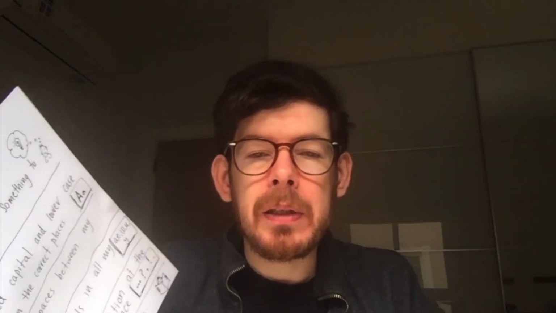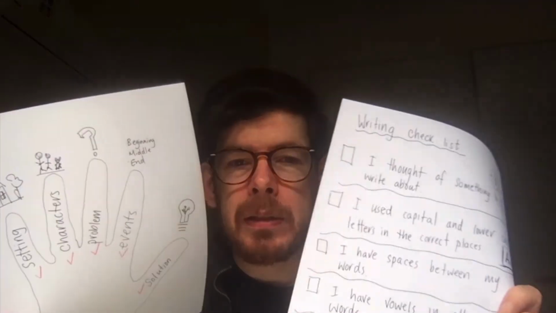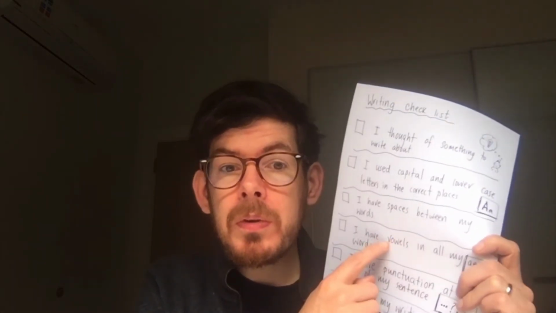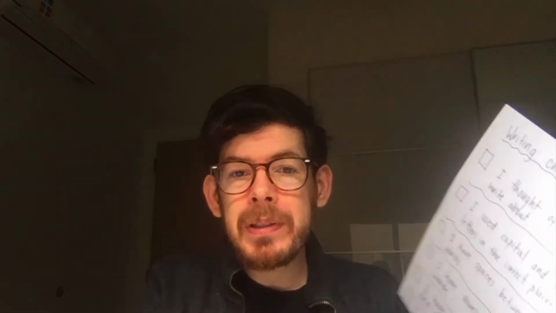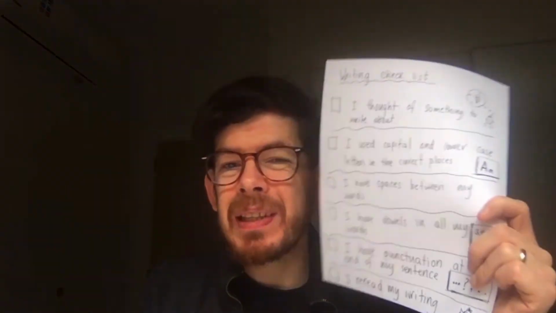Now, I think you will use lots of checklists. And it helps you to notice more about your writing. It helps you not to forget. Using these things, you might go, I forgot to put vowels in this word. I'm glad I checked.